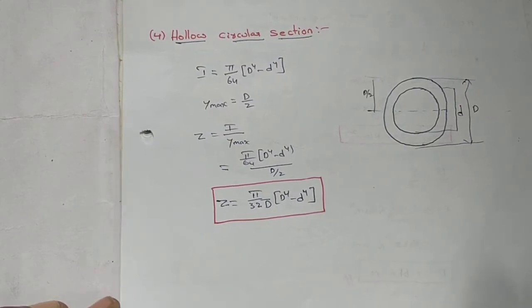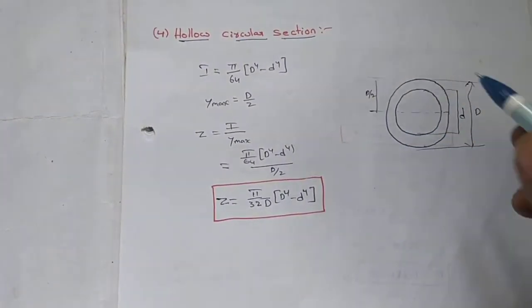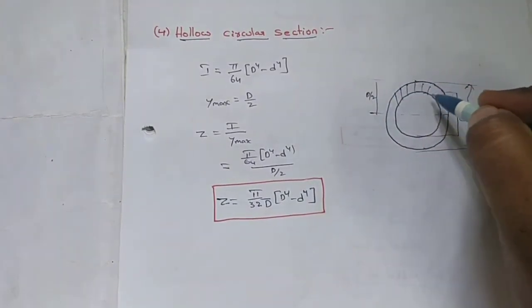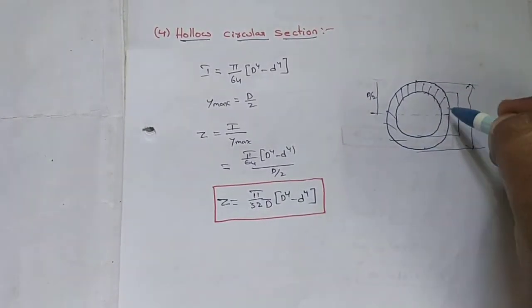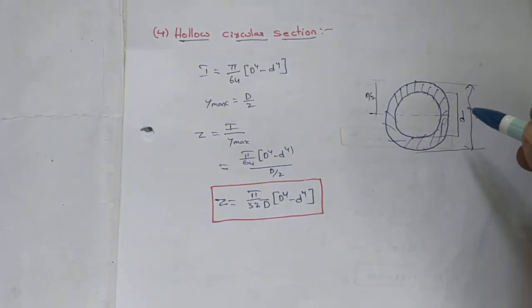Similarly, consider a hollow circular section with inside and outside diameter. The outside diameter is capital D and the inside diameter is small d.